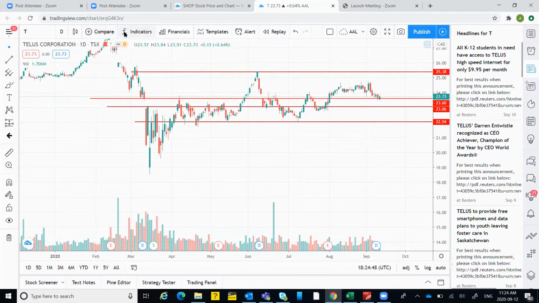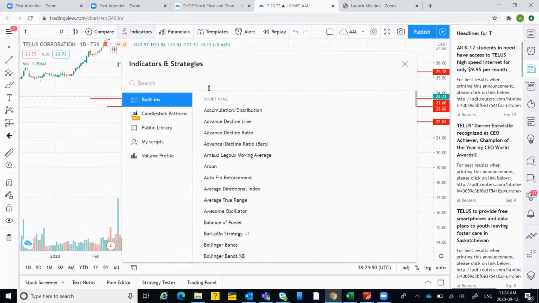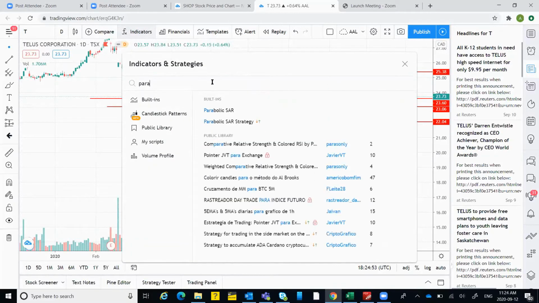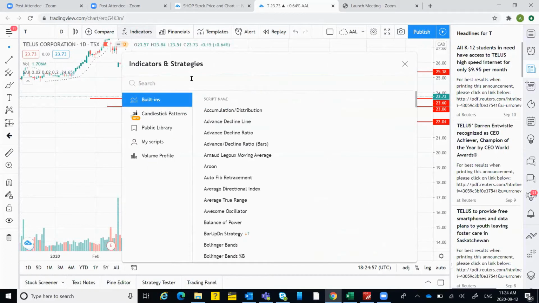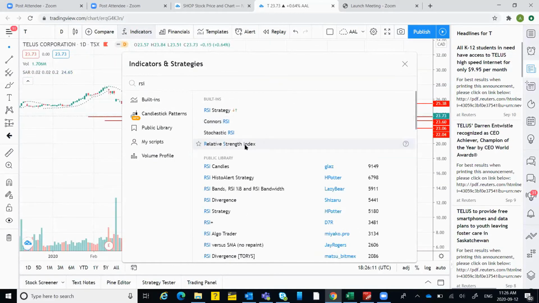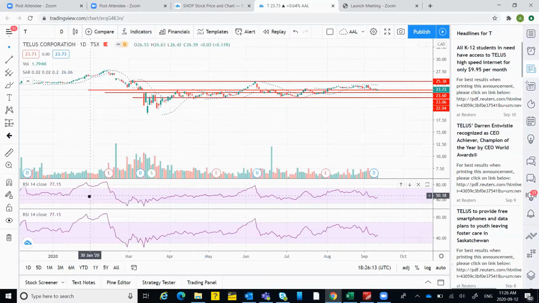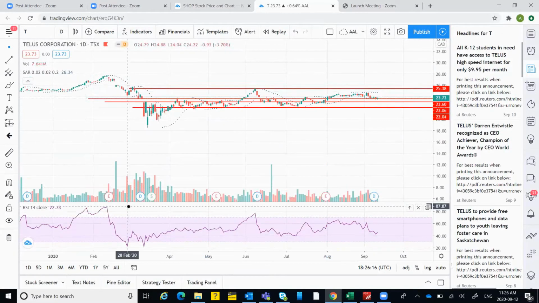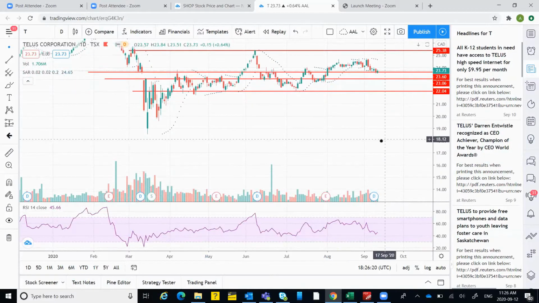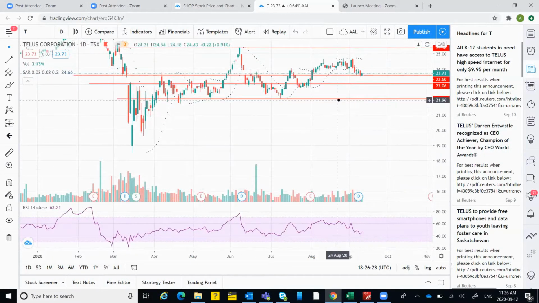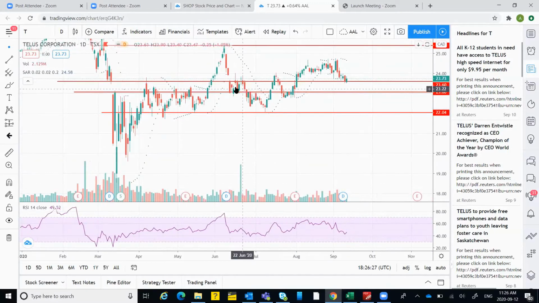Let me add some indicators here. So this one, at 23.73, it seems it has taken its support at this level, because when we discussed that previously as well, this was its support level.